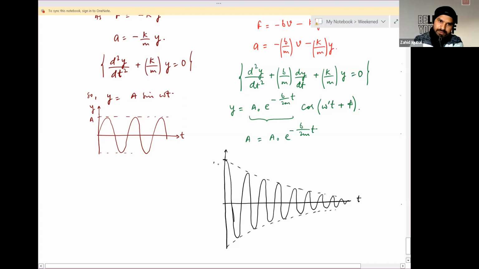Maximum amplitude is a naught, and with change in time, it keeps on exponentially decreasing. So at some time, it may stop completely.